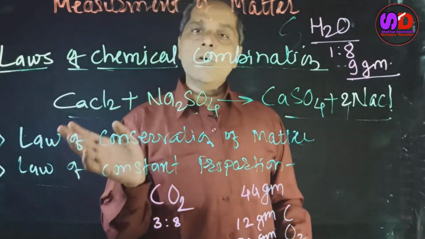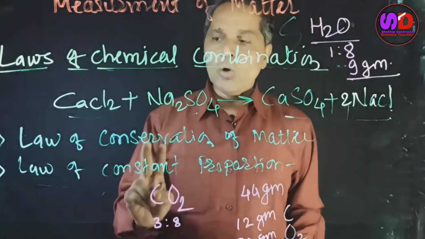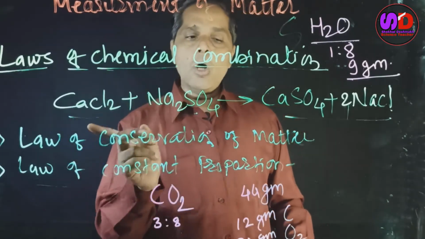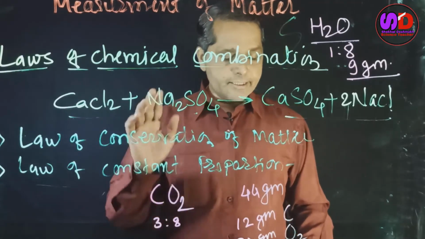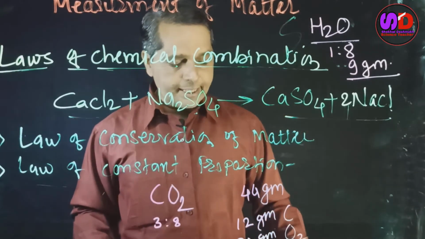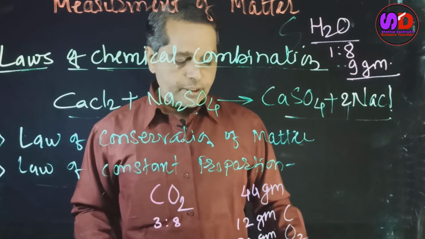So the laws of chemical combination are 2 laws. First is the law of conservation of matter, which was given in 1785 by the French scientist Antoine Lavoisier.